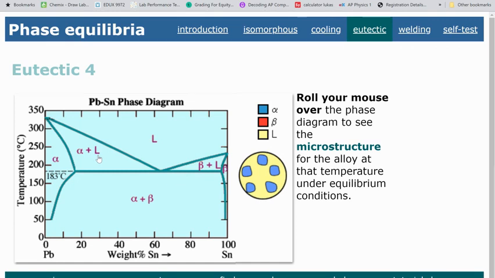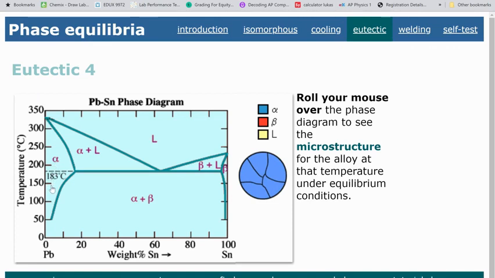That makes sense. If we roll into this section, we should expect solid crystals of beta plus some liquid melt. And again, if we go into this section, we should see homogeneous beta crystals. This is the section where it is completely soluble in each other. And if we go into this section, we should see homogeneous alpha crystals.